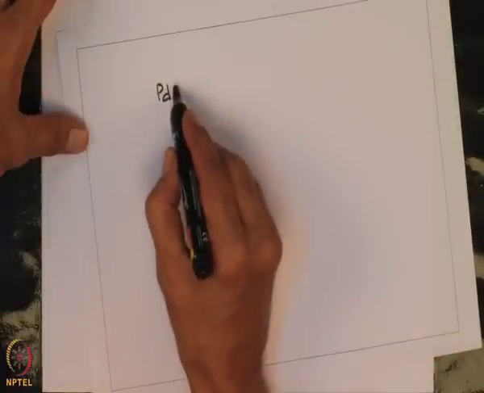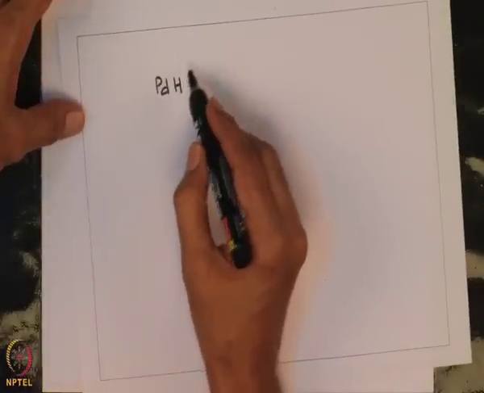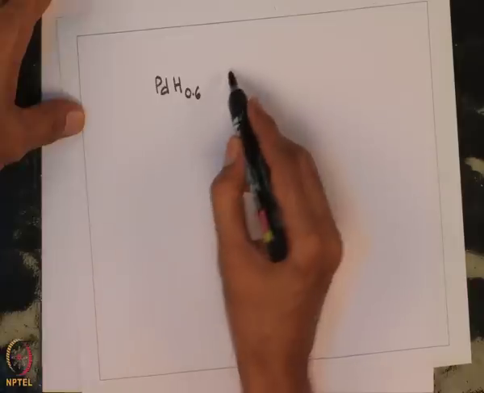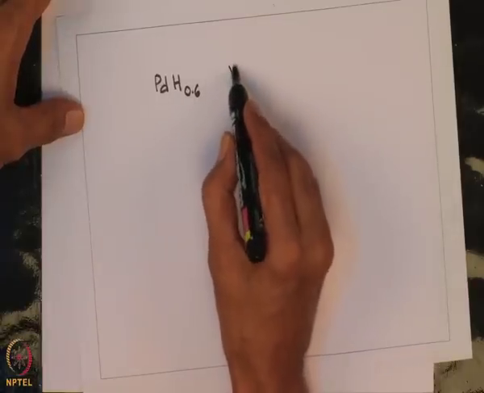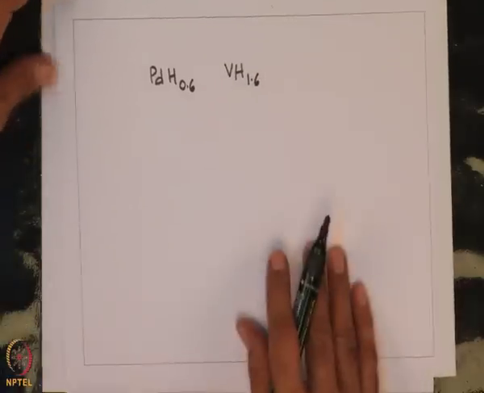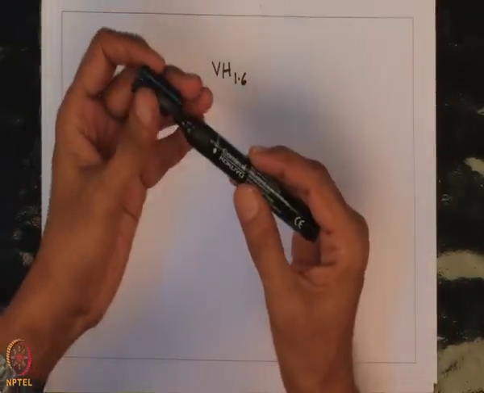Here the ratio is 1:0.06. Similarly, in vanadium hydride it is 1:1.6. So, non-stoichiometric hydrides can also be anticipated with the transition metals as well as actinides and lanthanides.